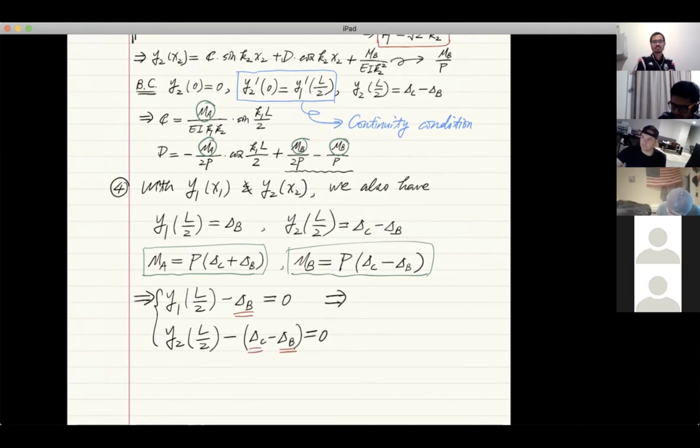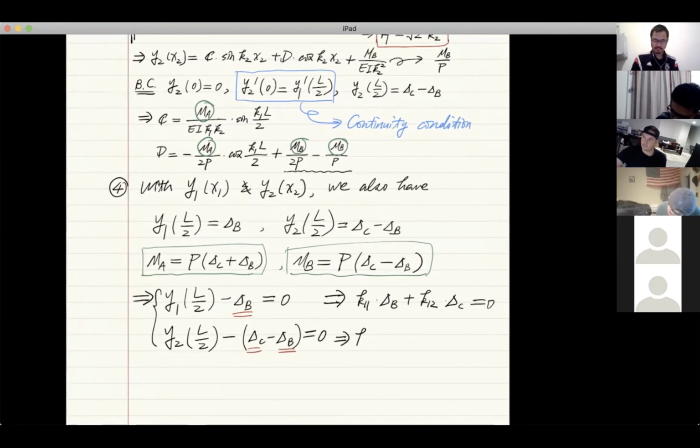We're going to call it coefficients: K11 times delta B plus K12 times delta C. This will be 0. And the other expression, we will call it K21 times delta B plus K22 times delta C to be 0.